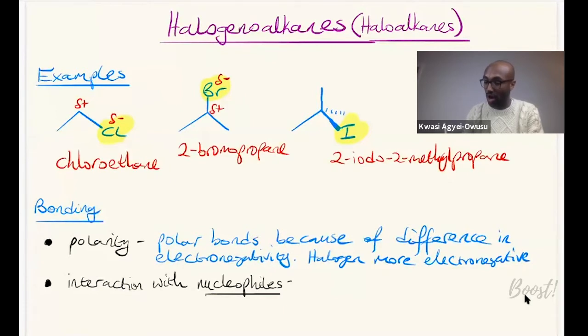Okay, so for our 3 examples shown there, we've got a delta plus on the carbon, and at the other end of that bond, the carbon-halogen bond, you've got a delta minus on the halogen atom. Okay, so you've got a polar bond. And because of that delta plus charge, because of that electron deficient carbon atom, these halogenoalkanes are very attractive to nucleophiles.